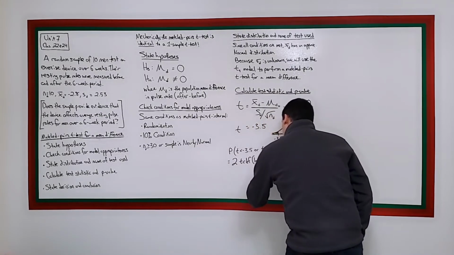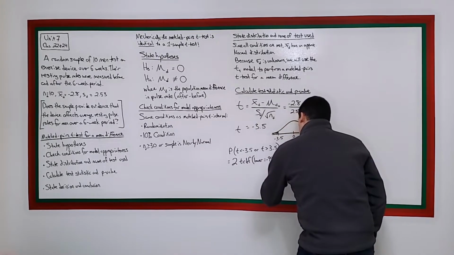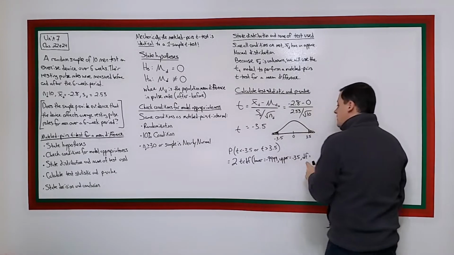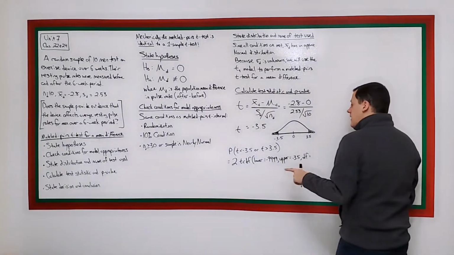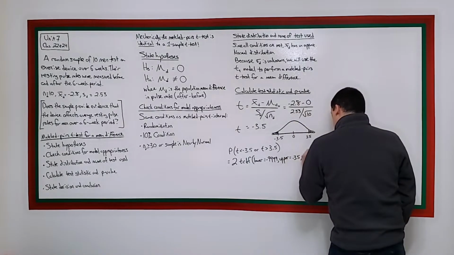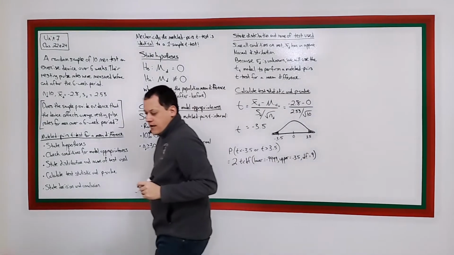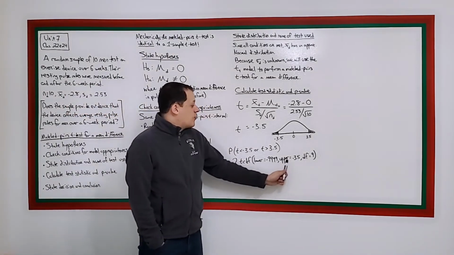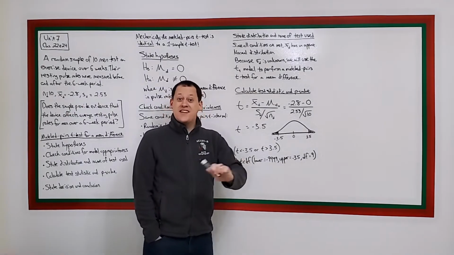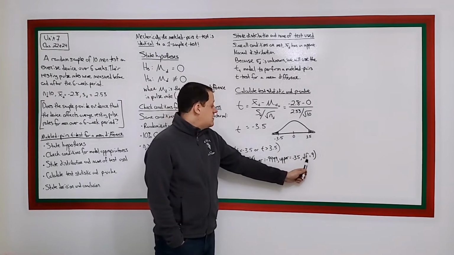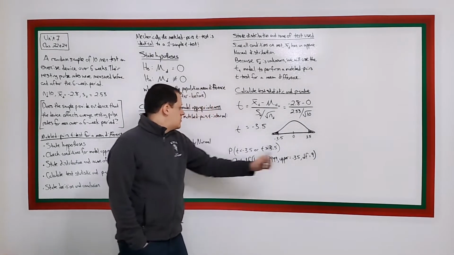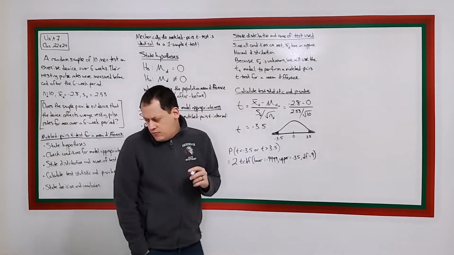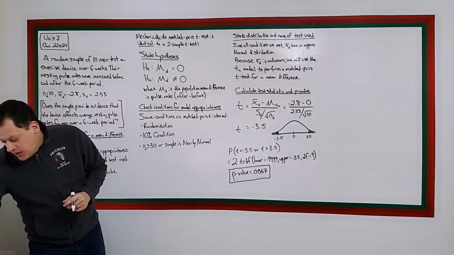My lower is negative 9999. My upper is negative 3.5. And the degrees of freedom is 9. That should be all we need there. Lower, upper, and degrees of freedom. Remember, for normal CDF, you need lower, upper, mean, standard deviation, because mean and standard deviation are the parameters for normal. For T, the only parameter is degrees of freedom. So if we calculate that, we should get a p-value of 0.0067.